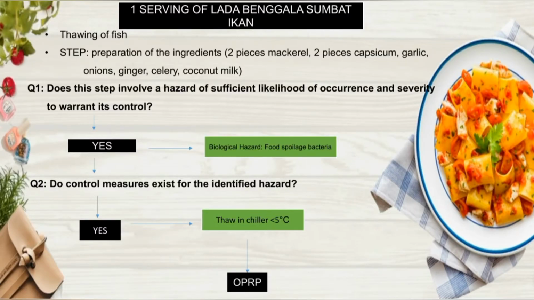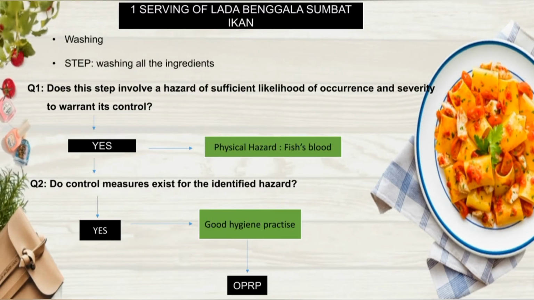And then thawing of fish is an OPRP because this step involves a hazard which is a biological hazard, and the control measure is stored in chiller less than 5 degrees Celsius. And next one is washing. Washing, the step involves a hazard which is physical hazard, which is a fish blood, and the control measure exists is good hygiene practice.